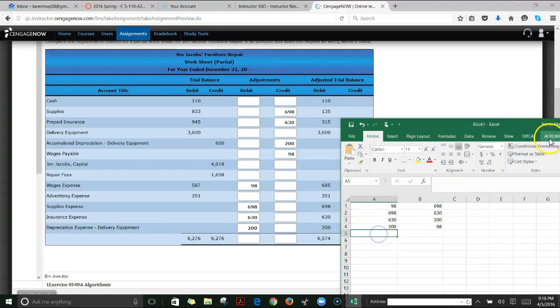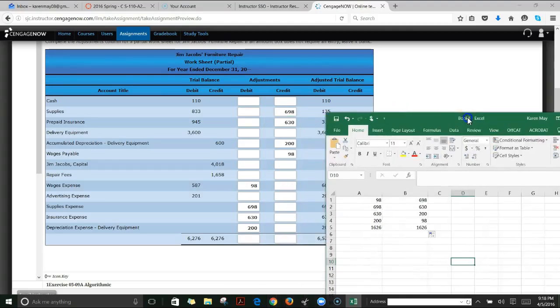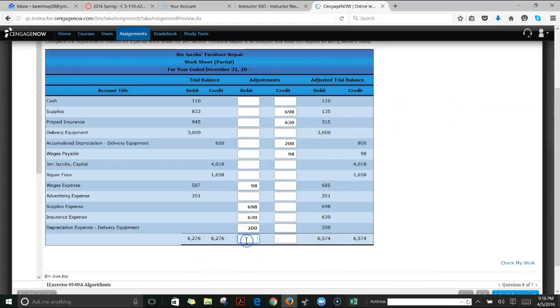And we can auto sum those. And I can fill it across, and that amount should be exactly the same, and it is. So I put that in here, 1626, and check my work.